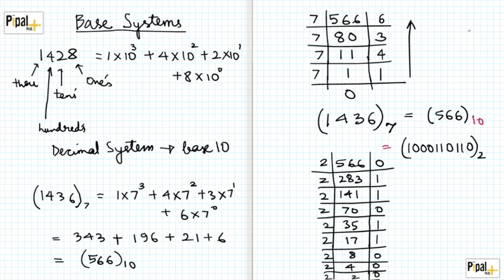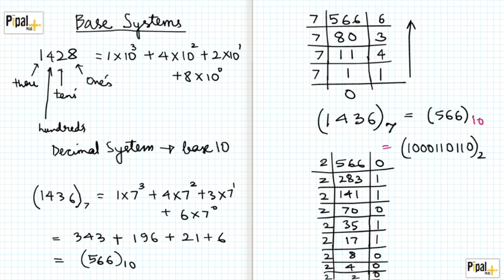Right? So there is something very important that I want to highlight here. When I started dividing this number 566 by 7, the remainders left by this division by 7 consolidate to become my number in base 7.